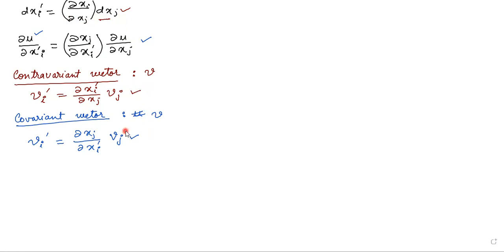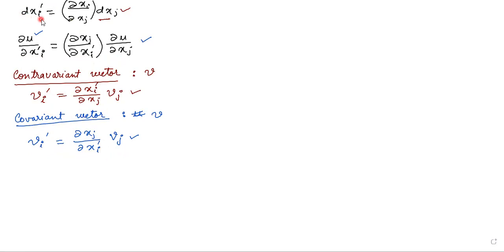Similarly, we see that the partial derivatives of a function are the components of a covariant vector. You can see that for a contravariant vector the prime appears in the numerator, and for a covariant vector the prime appears in the denominator.